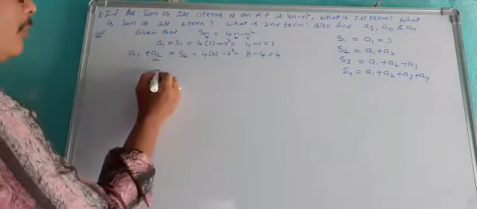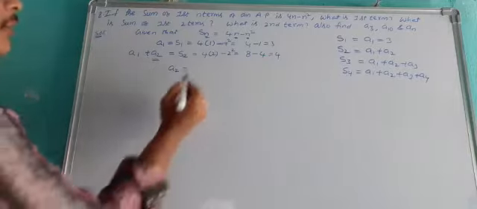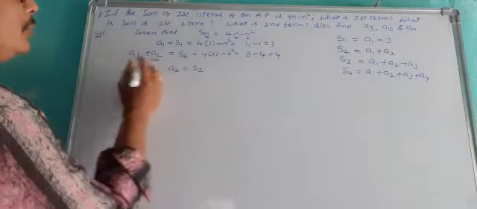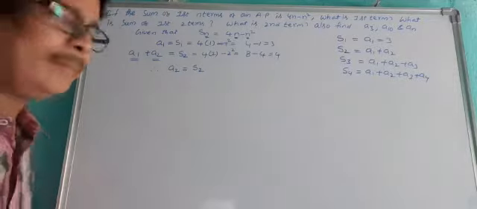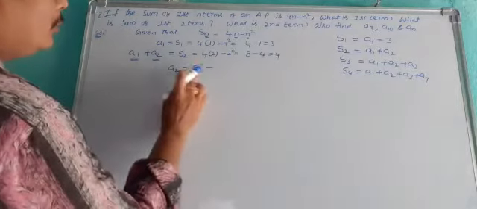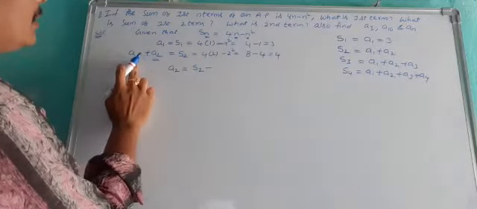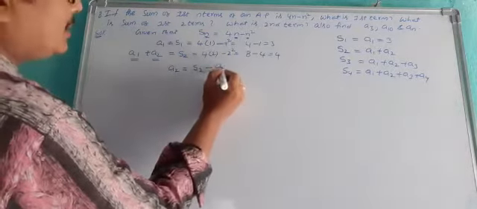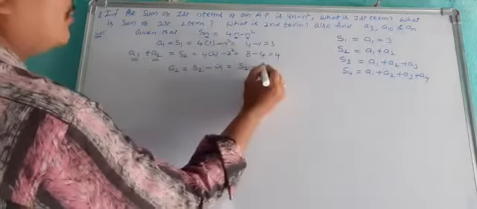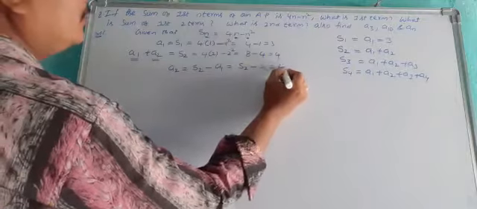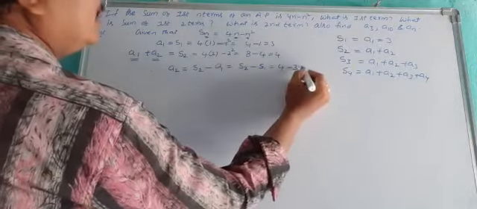Therefore A2, the second term, is equal to S2. Here A1 and S1 are both the same. That means S2 equals A1 plus A2. By transposition, A2 equals S2 minus A1, so S2 minus S1. S2 is 4 and S1 is 3, that equals 1.